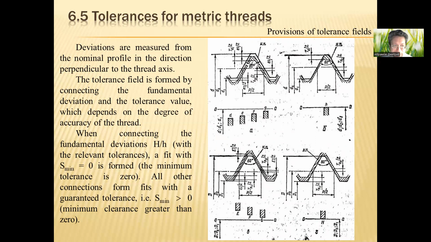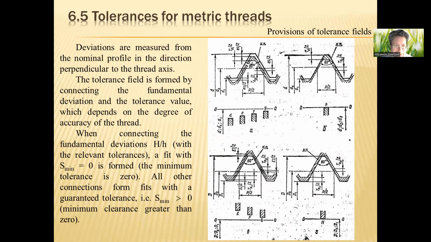When connecting the fundamental deviations big H and small h, it's a tolerance field. The fundamental deviation of the tolerance field of the hole is big H, and the fundamental deviation of the tolerance field of the shaft or bolt is small h.